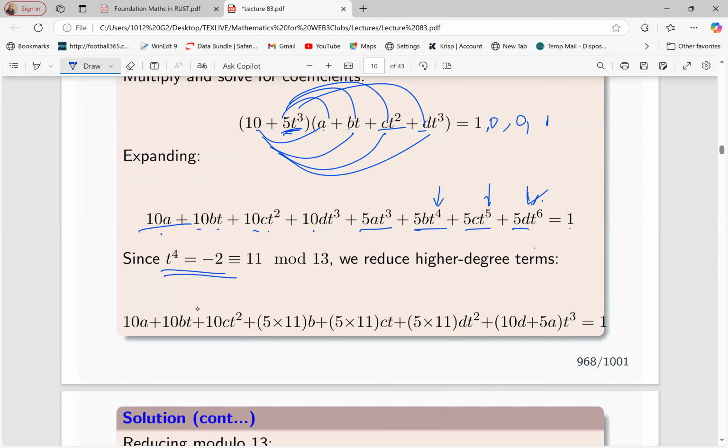So 10a remains, 10bt remains, the power is still less, 10ct square remains, 10dt cubed. Okay, I carried the other side, it's no problem. I'll show you how it came there. Let me just put a star there, put a circle there. We've not used it.